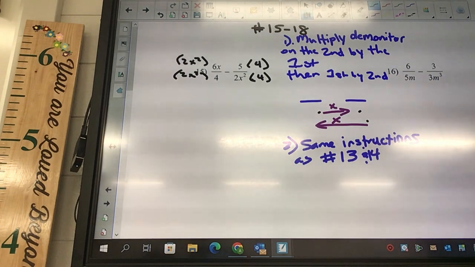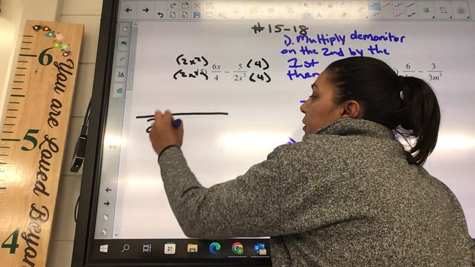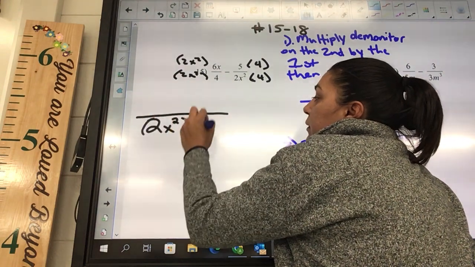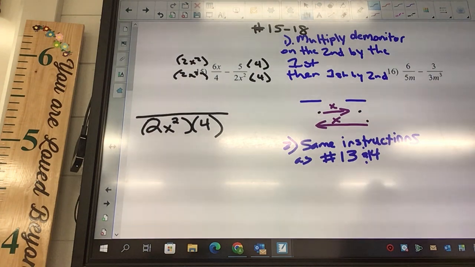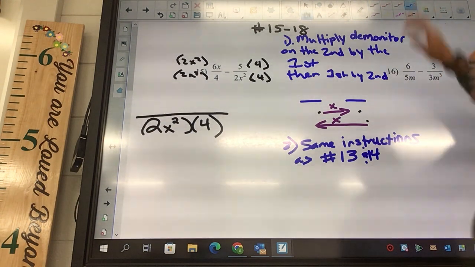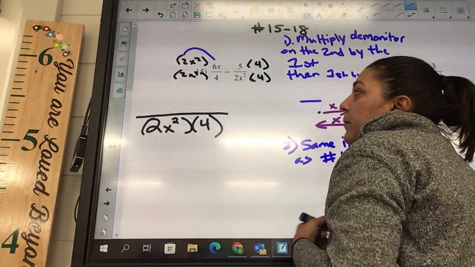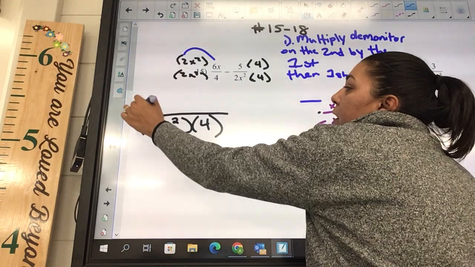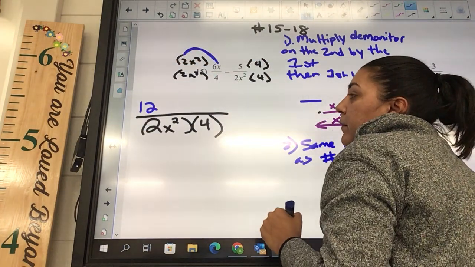Okay, so our new denominator is going to be 2x squared times 4. Okay, so both of those pieces, really, you're just combining them. On the top, then, you need to do this multiplication. So, what is 2 times 6? 12x. And then this guy, he's got 2 x's, and he's got 1.